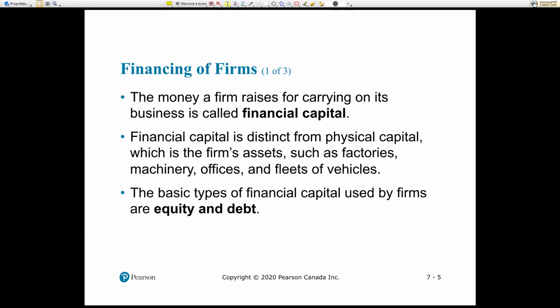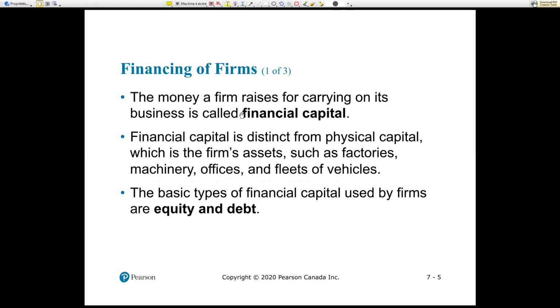Okay, so what do firms use to start to operate, to buy initial things? Well, they need some financial capital for that.